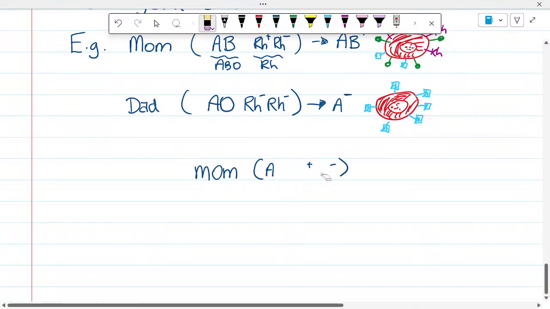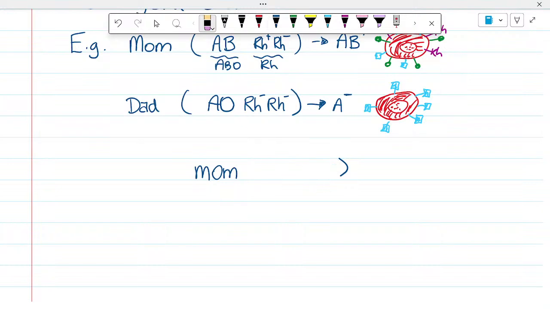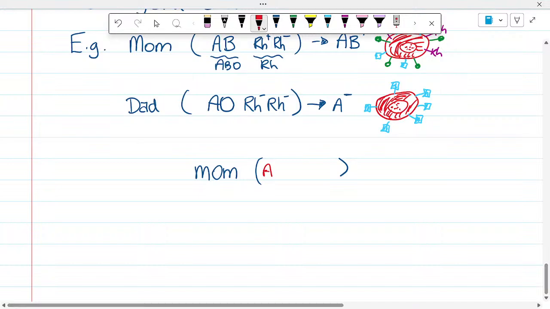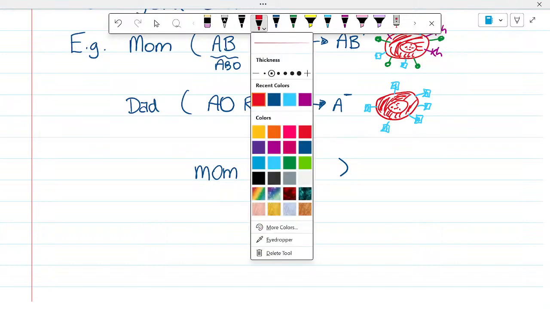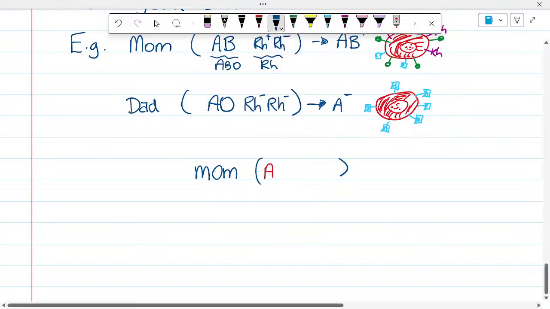And I'm actually going to color these to make seeing the combinations easier. You don't have to do this, but I'm going to call her A red, and I'm going to call her B orange, okay? And I'm going to call her Rh positive blue, and her Rh negative purple. It doesn't matter, just to help us see where they're coming from.